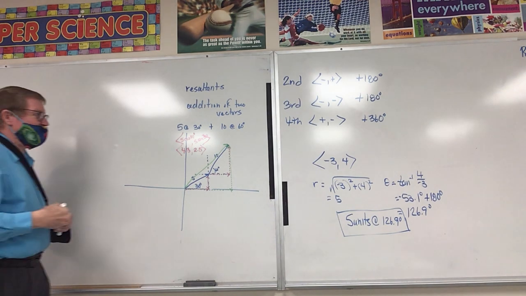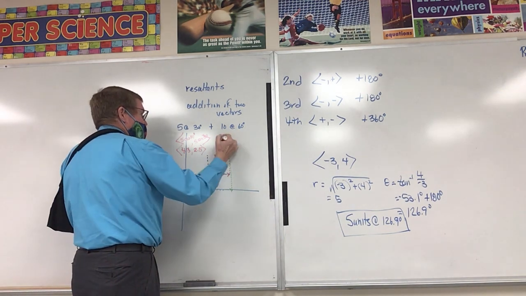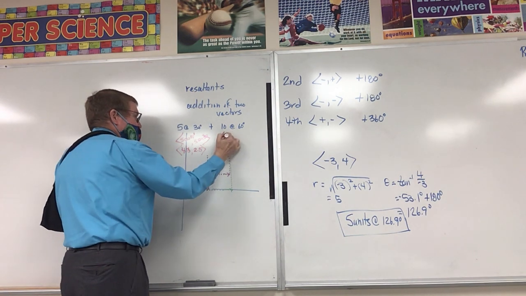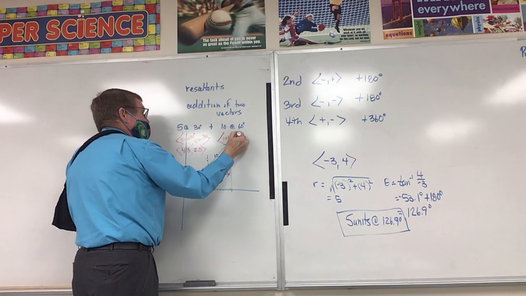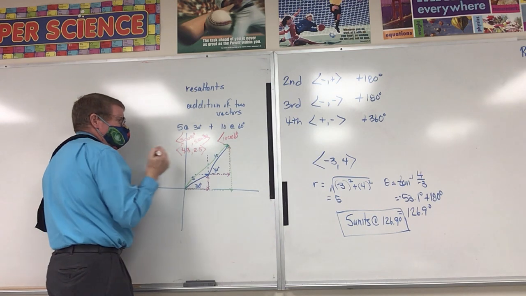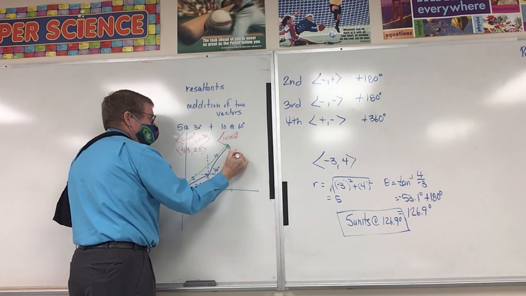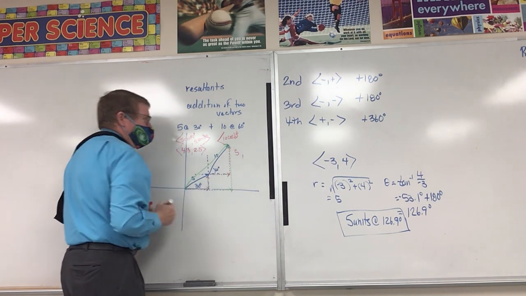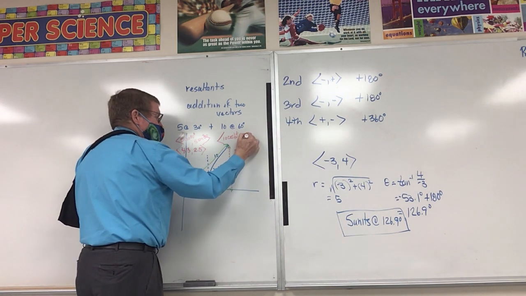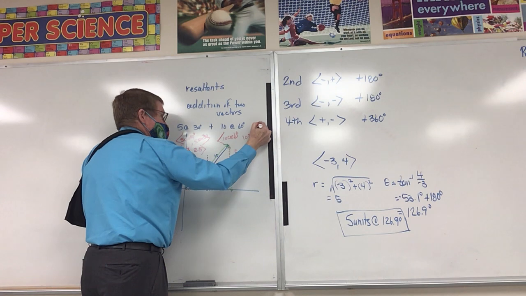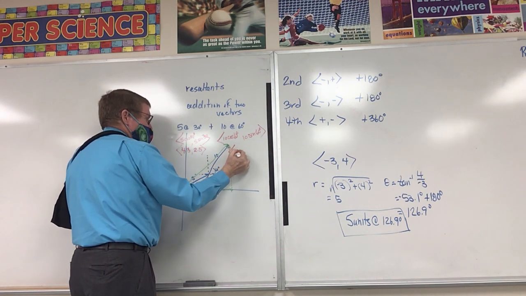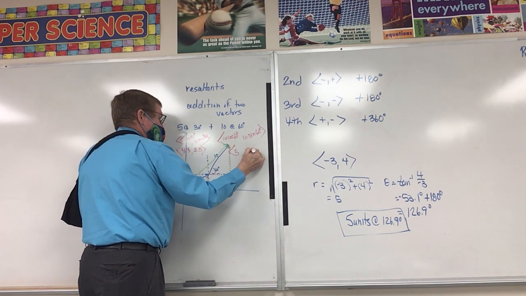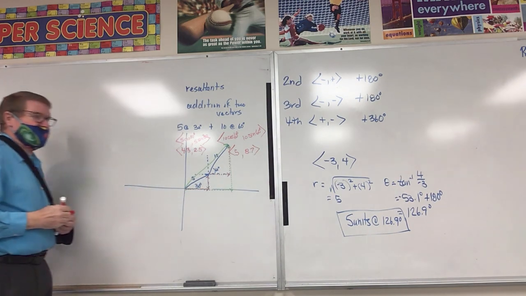Then 10 at 60. How do I find my x? Which is? How do I find my y? Which is? 8.7.